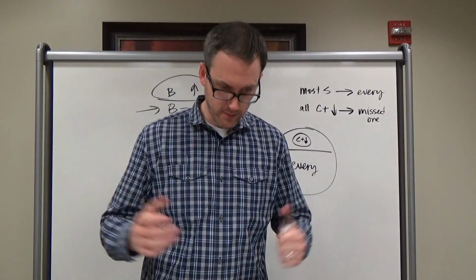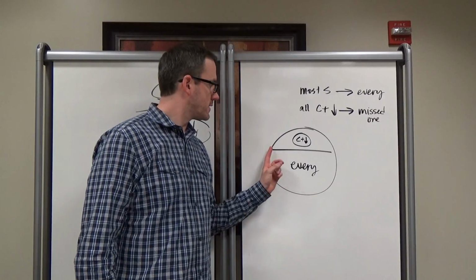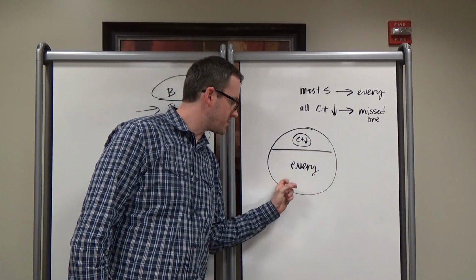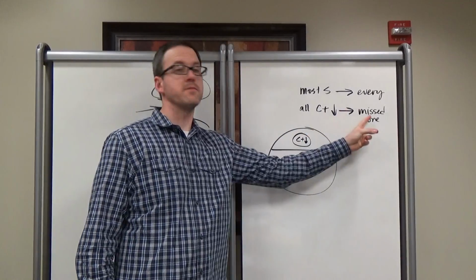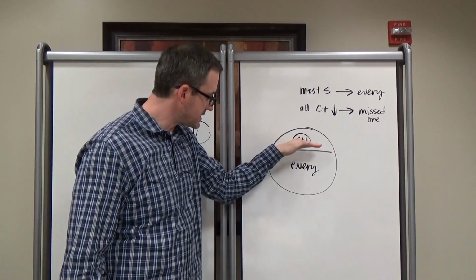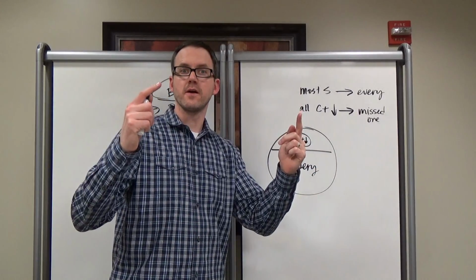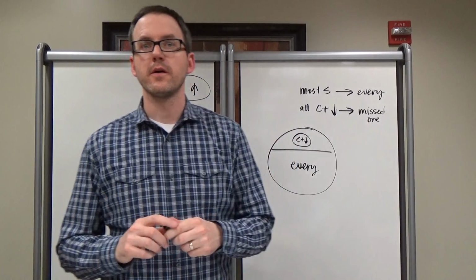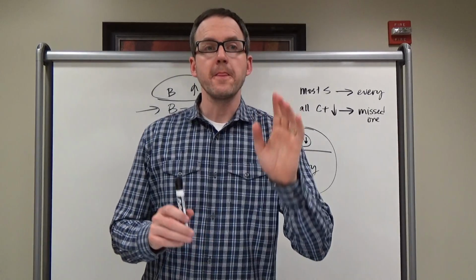E. More than half of the students receive a grade of B minus or higher. Yes, that has to be true because this group could not be over here at all. C plus or lower, because they missed one. So at least half of the students received a B minus or higher, and that's because most attended every class.